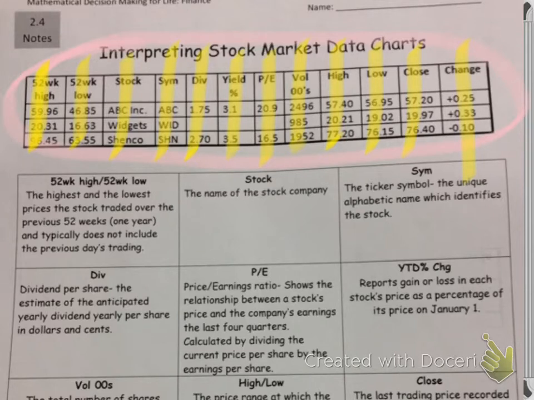The 52-week high and 52-week low is the highest and the lowest prices of the stock traded over the previous 52 weeks or for an entire year, and typically does not include the previous day's trading. So this is really a 365-day look at what the stock did. The highest number is positive, meaning that it was always above 0.